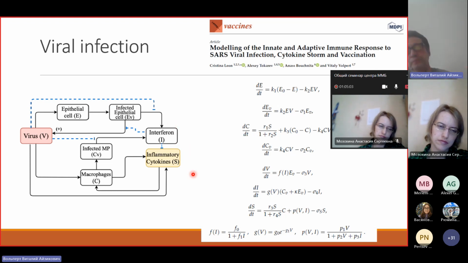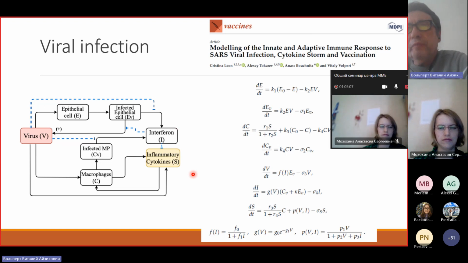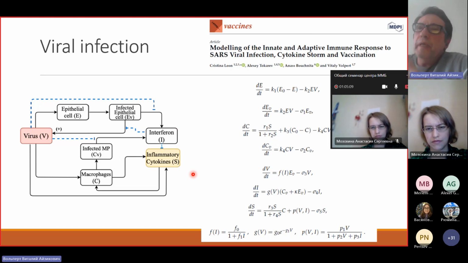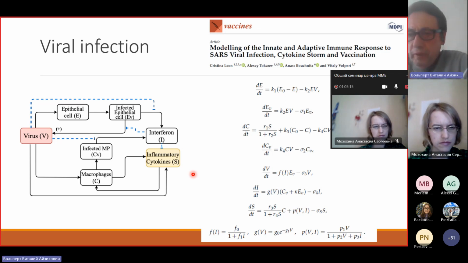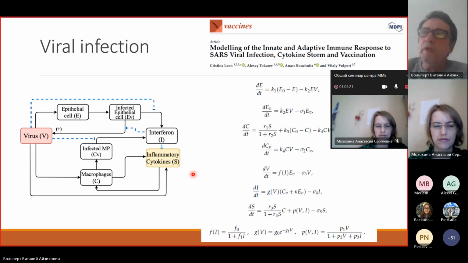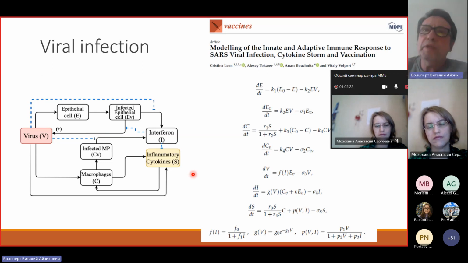Innate immune response then continues with adaptive immune response. This can then continue with cytokine storm, as we know, for example, last year with COVID-19 and so on. So we studied all that. This is a complex interaction between viral infection, immune response, and inflammation.